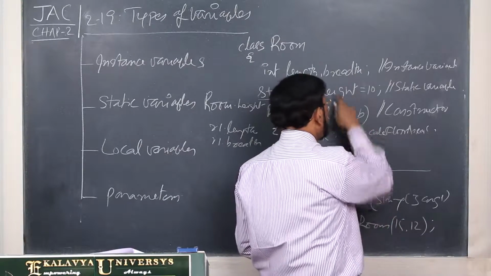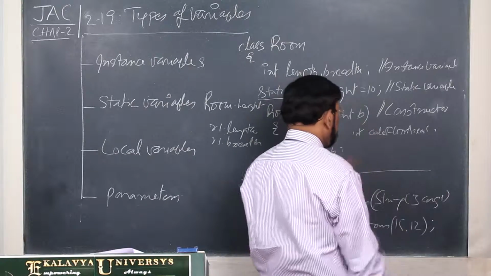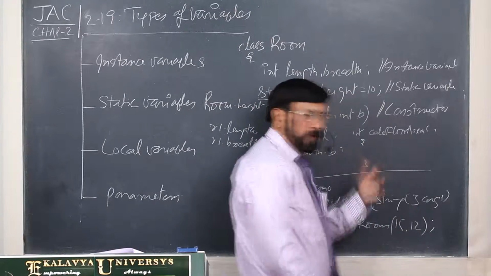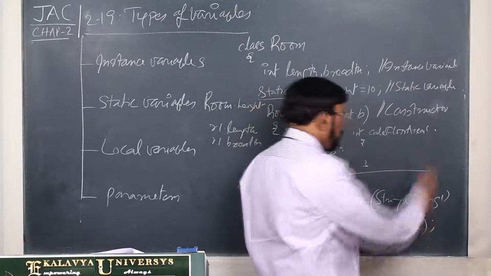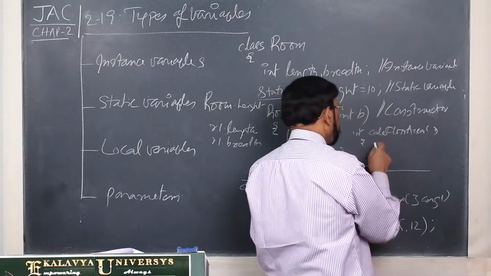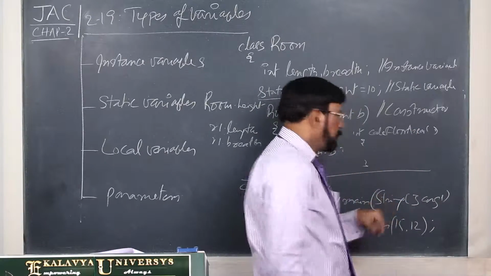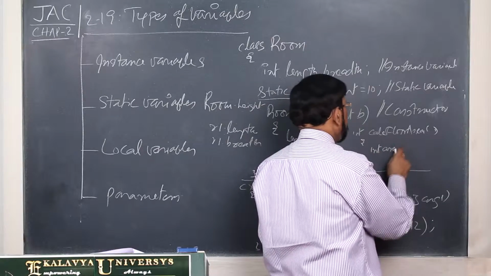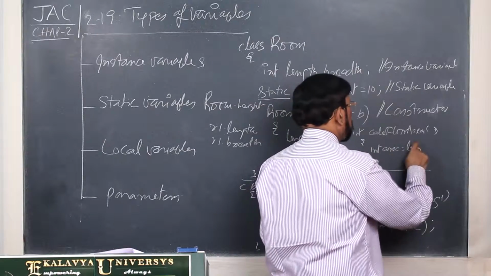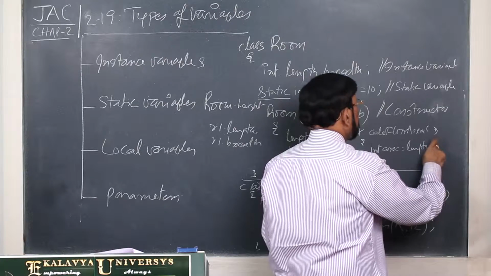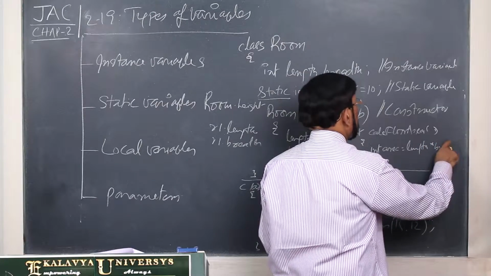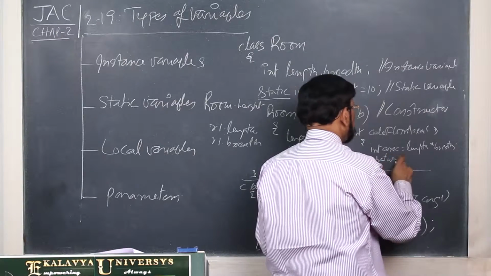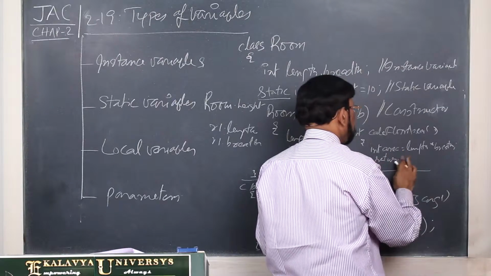As all these are integers, it returns int. In this, what is the formula? Floor area formula is length into breadth. So here int area is equal to length into breadth, and it returns area.